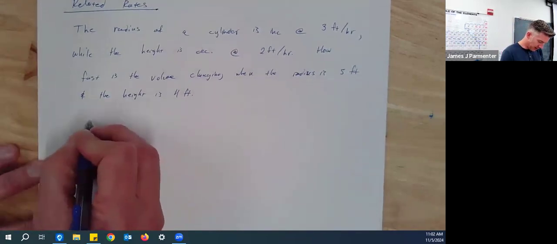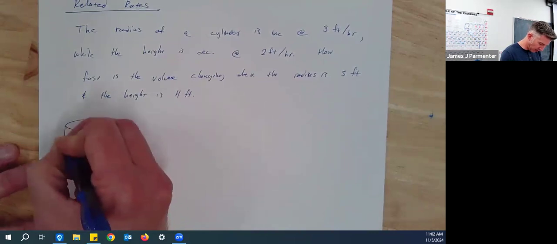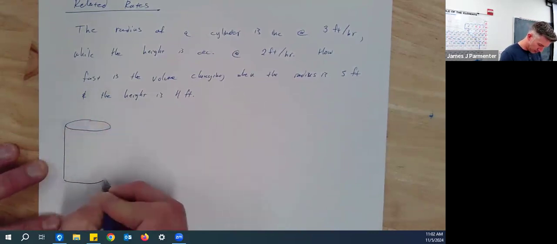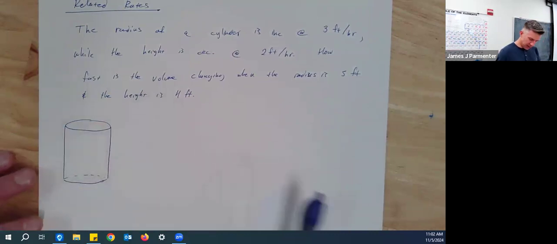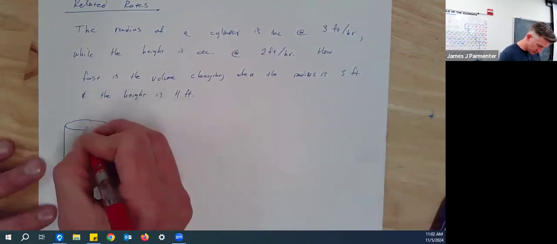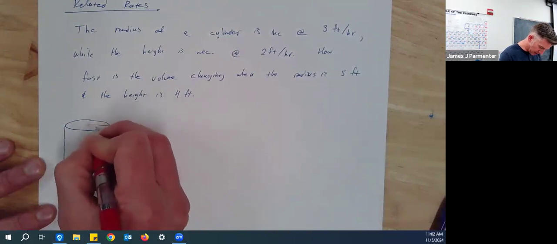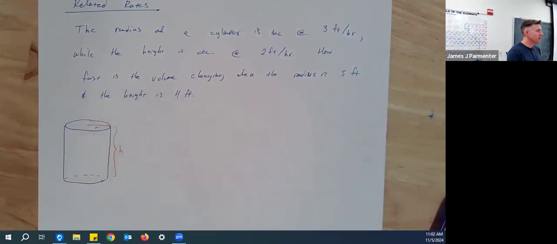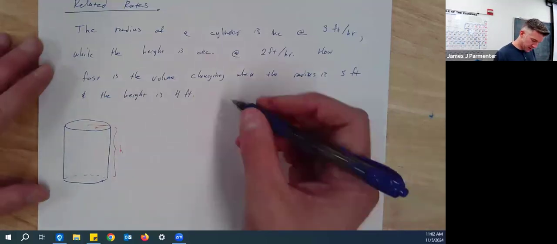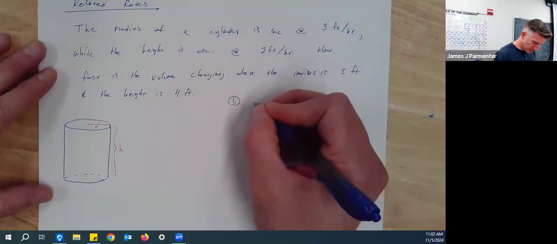So typically, if I am doing a related rates problem, I'm usually going to start off just by drawing a picture. There's my shape. And it's good to label the things that are changing. There's the radius. There's the height. And the first thing I want to write down is just what's changing. So I know that the radius is changing.